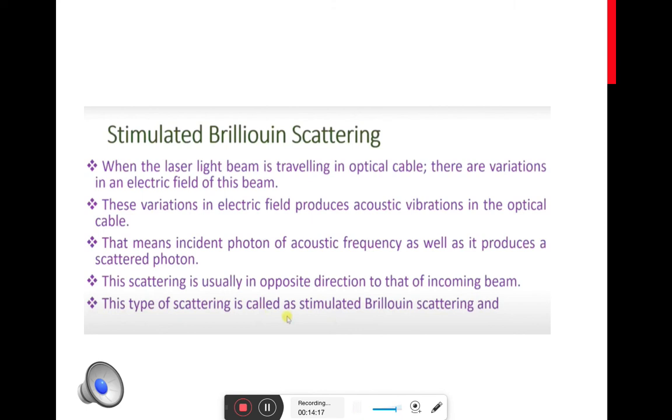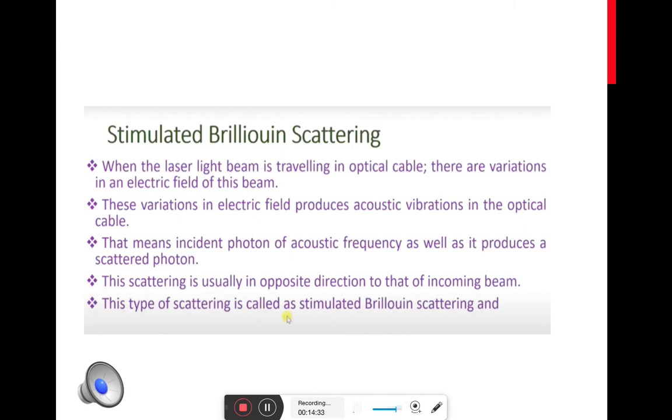Due to this acoustic vibration, an incident photon as well as a scattered photon of acoustic frequency is produced. This produces a scattering, and this type of scattering is called stimulated Brillouin scattering.